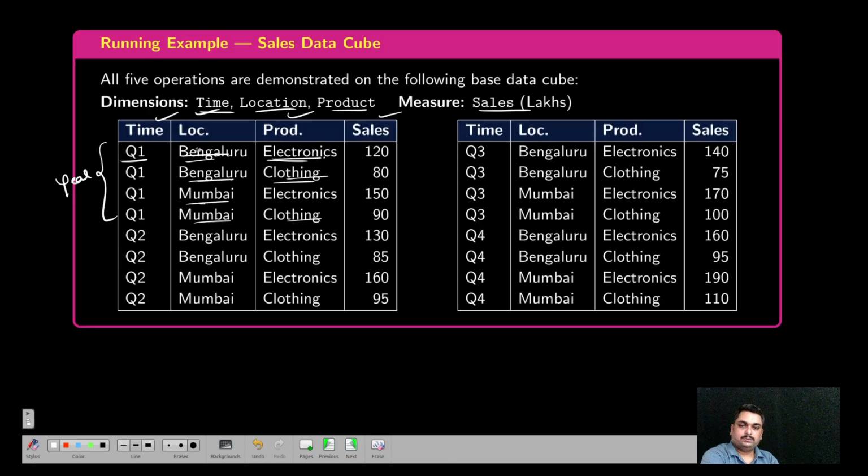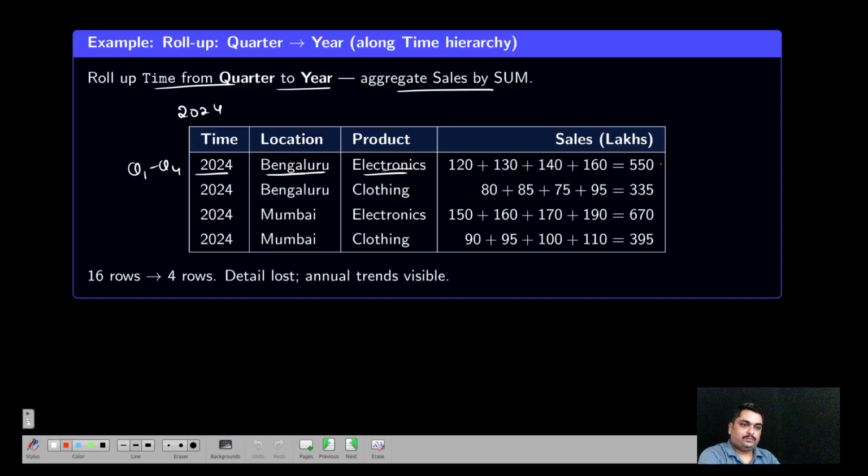So let me show one aggregation. Q1 Bangalore electronics, then Q2 Bangalore electronics, Q3 Bangalore electronics, then Q4 Bangalore electronics. This is one group, right? So 140, 160, 120, 130, you have to add up. So this will give you the first row.